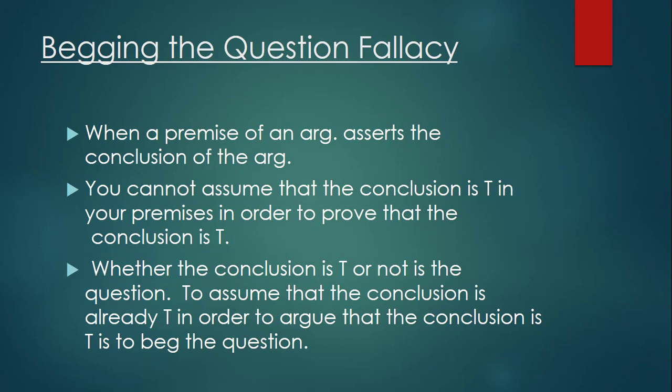To assume that the conclusion is already true in your premises in order to argue that the conclusion is true, that is to beg the very question. So that's why this fallacy is called begging the question, because the question at hand is whether or not someone's proposed conclusion is true. That's the question.